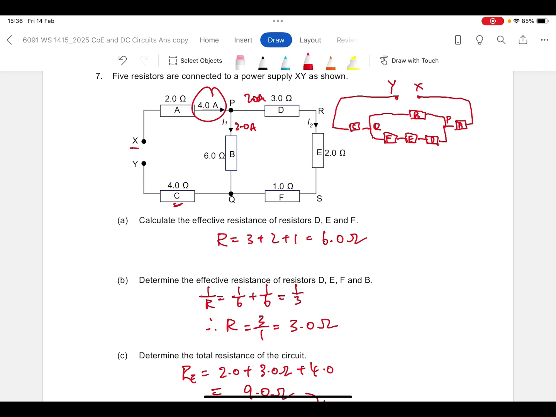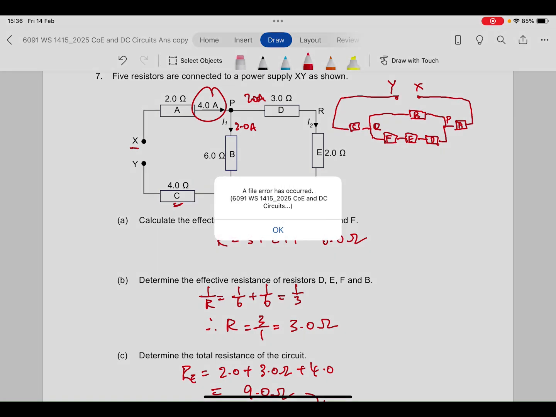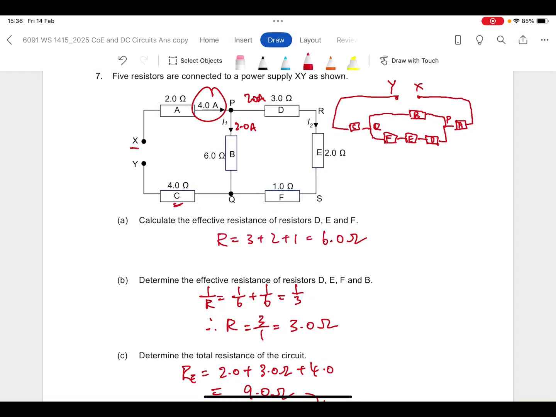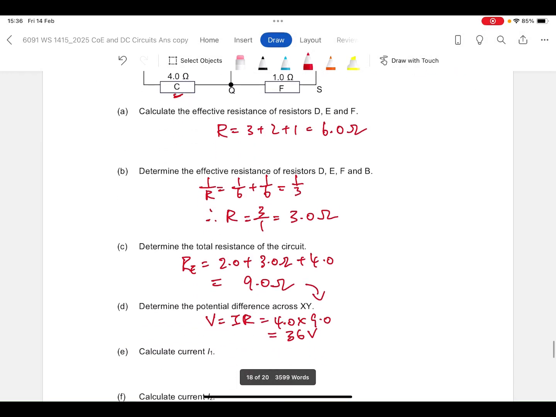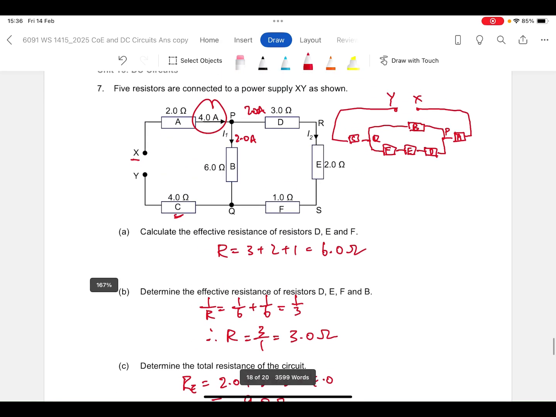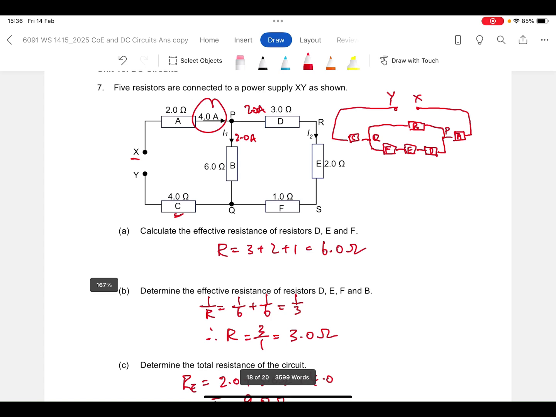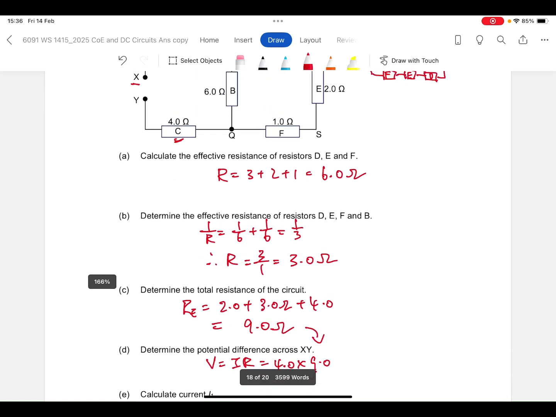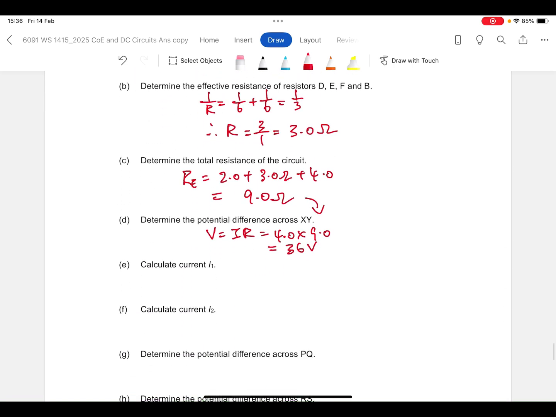But I'm going to use the more generic way to answer this question, because if in another question the resistances of the two branches are not the same, then you will still need to calculate it. So I1 equals the potential difference across PQ divided by the resistance of that branch.